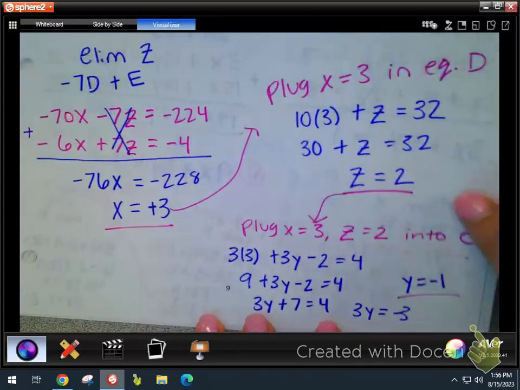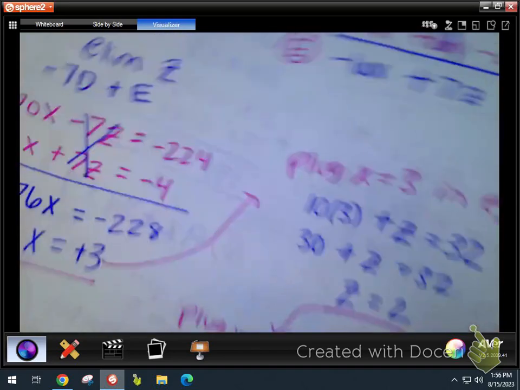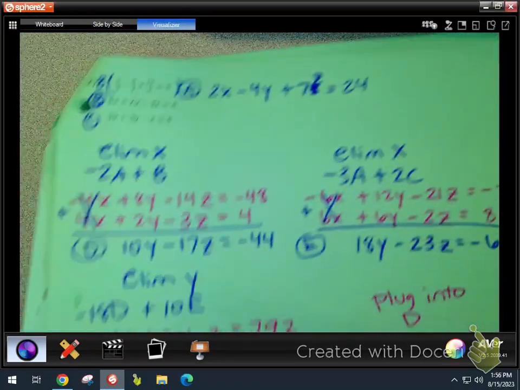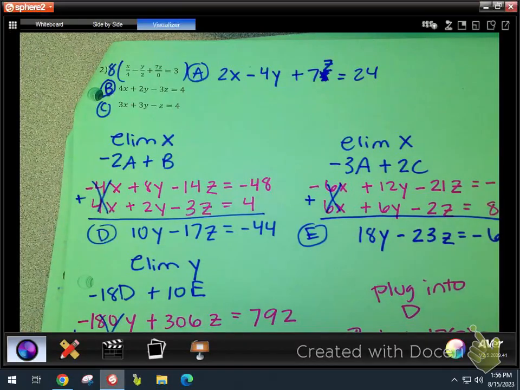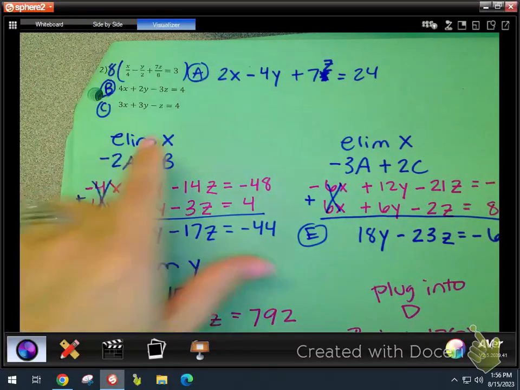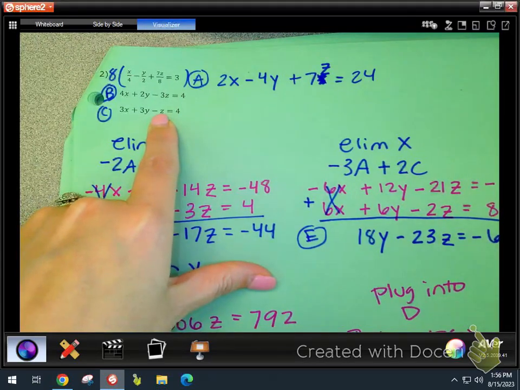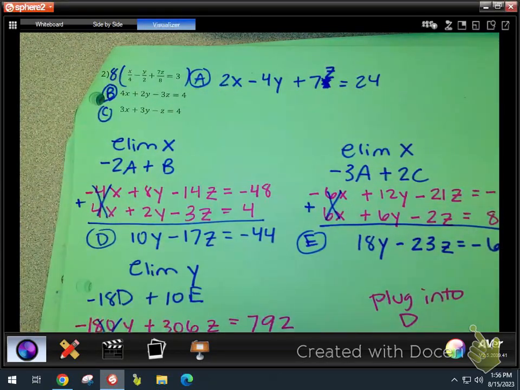Is there a good way to find out which variable to eliminate first? Always ones that, and someone brought this out. I haven't worked with Z before, but I think that one would probably get big. Coefficients of ones are always easily manipulated. But it totally just depends on the setup.